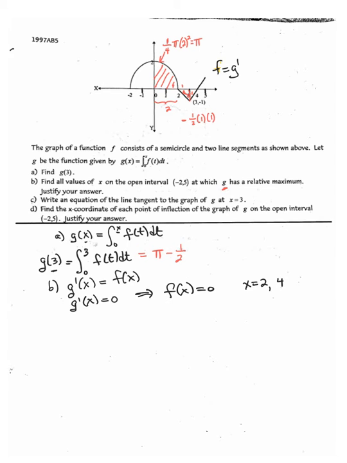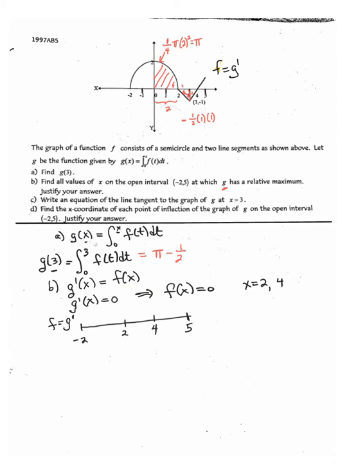So now, to find relative extrema, we make a number line from -2 to 5, and that's the domain that they gave us. And we put a 2 here and a 4, and we label our number line with the derivative of g, which is really f.